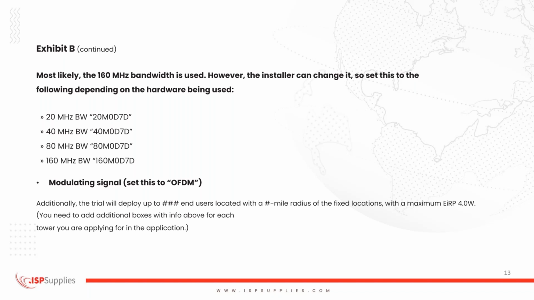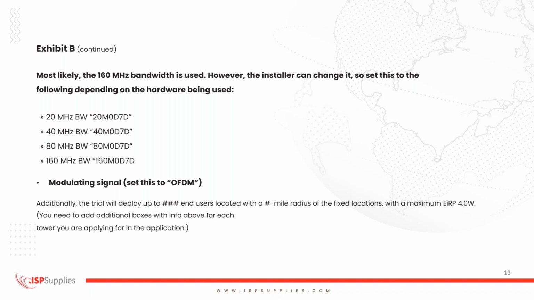If you change it legally, you should go in and change your certification, and it will resubmit that to the FCC, letting them know that you've changed the width of your channel. And then modulating signal, set it to OFDM, because all equipment, Cambium and otherwise, is OFDM in this case.